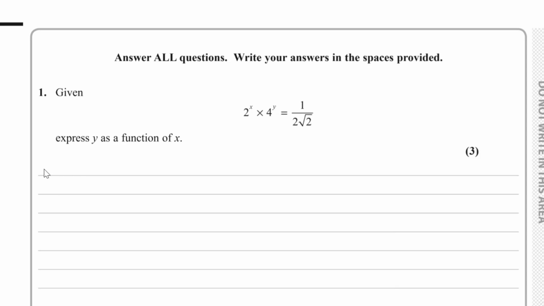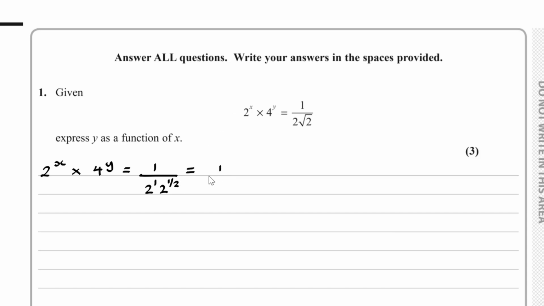So we have 2 to the power of x times by 4 to the power of y, that's equal to 1 over 2 to the power of 1 times by 2 to the power of 1/2. And because we have the same base numbers, we can add the powers.